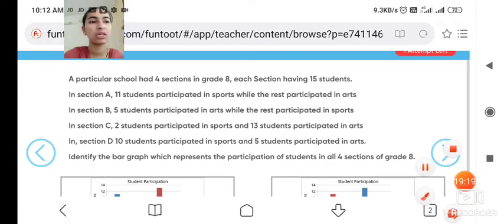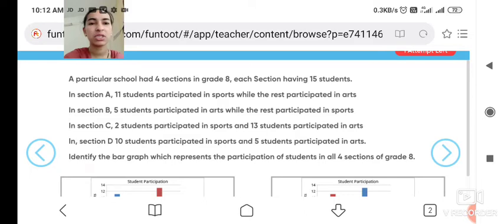Let's take another example. A particular school had 4 sections in grade 8, each section having 15 students. In section A, 11 students participated in sports while the rest participated in arts. In section B, 5 students participated in arts while the rest participated in sports.